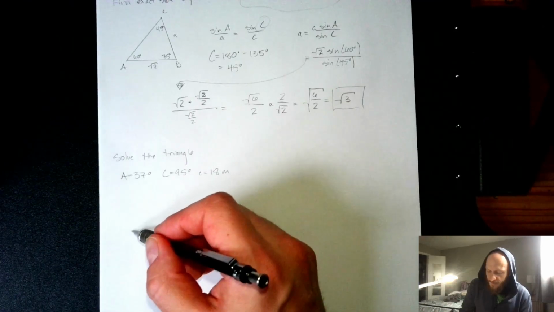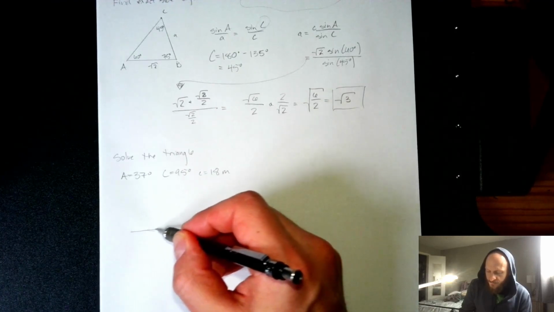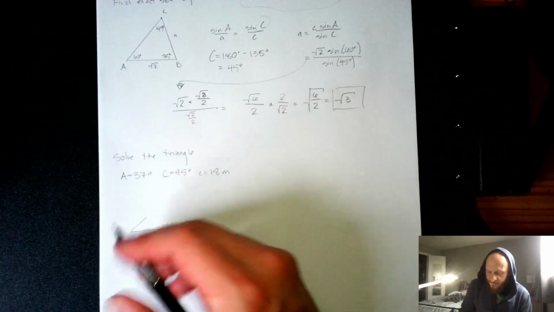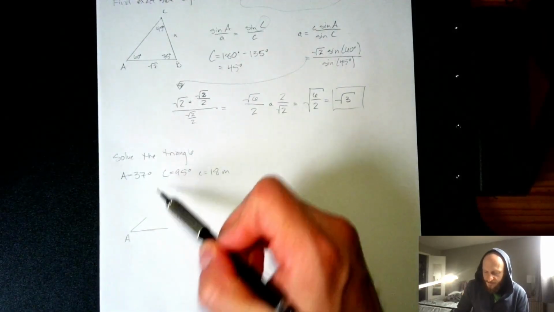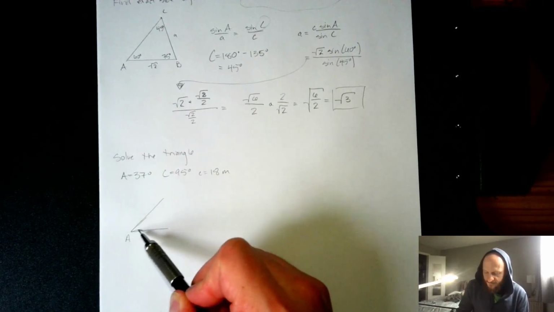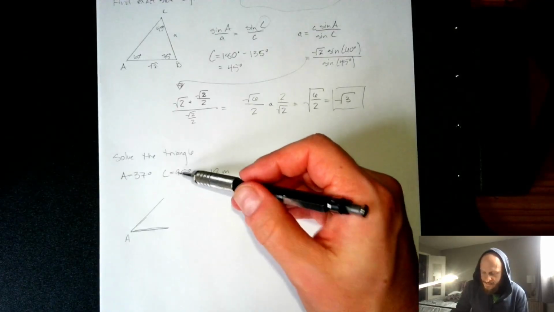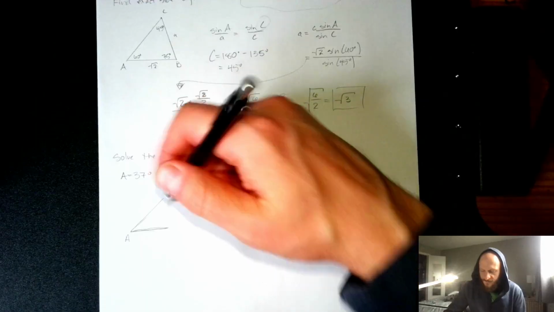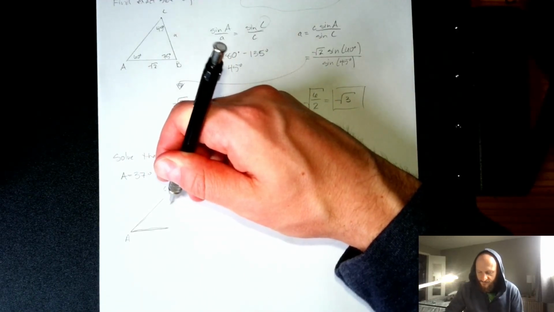Let's see, so I've got angle A, which is about 37 degrees. I'll put angle C up here, which means this is side C down here. Oh man, this is an awful picture. Angle C is slightly larger than 90 degrees, so 90 degrees would be like that.